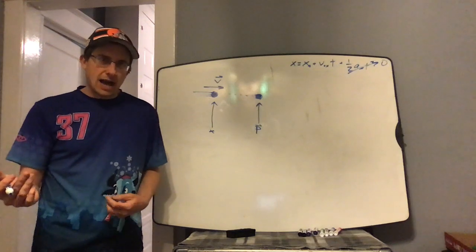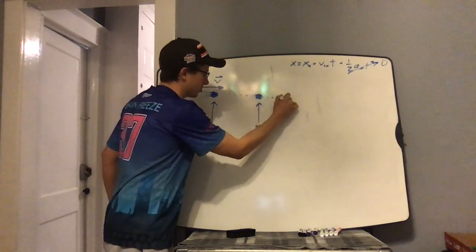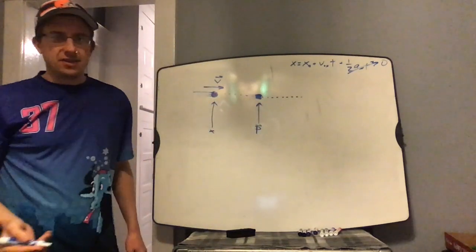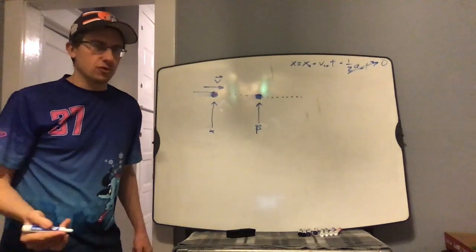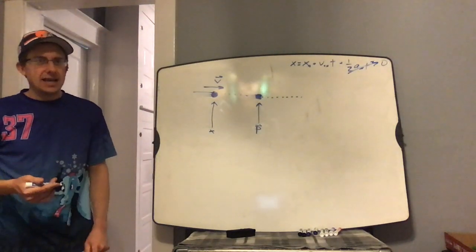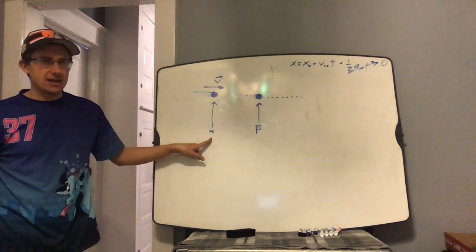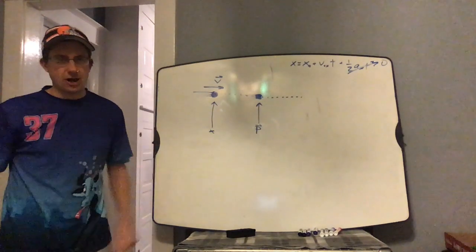Later on, I could ask, where is this particle? So I wait a little bit later. This particle is still moving in the same direction. We assumed 0 acceleration throughout. And if I measure the position of the particle again, I could predict exactly where the particle is.